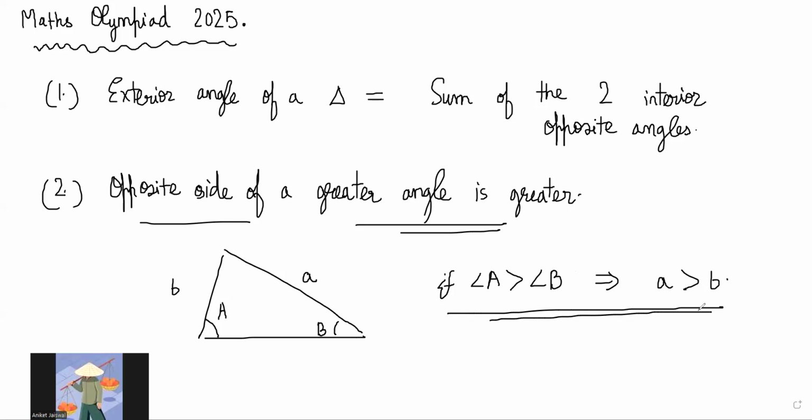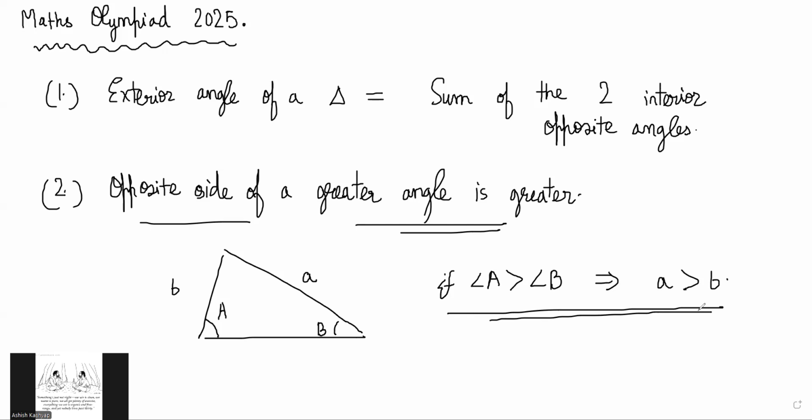So, first of all, try to prove this statement. We cannot just accept things blindly, you need to be able to prove it. So try to prove in a triangle that if angle A is bigger than angle B, then small a is bigger than small b.